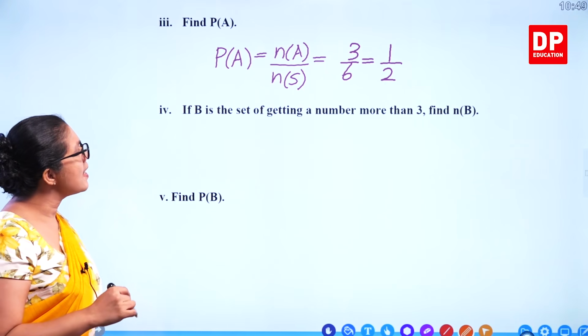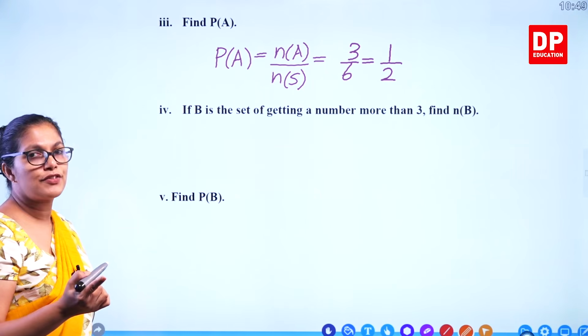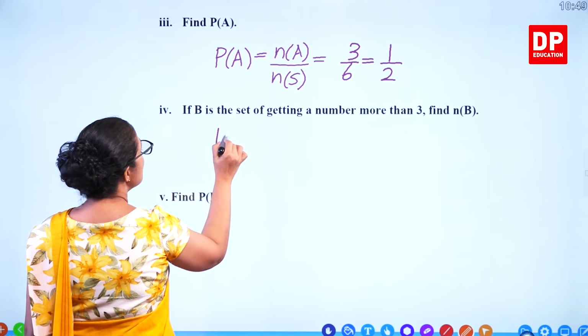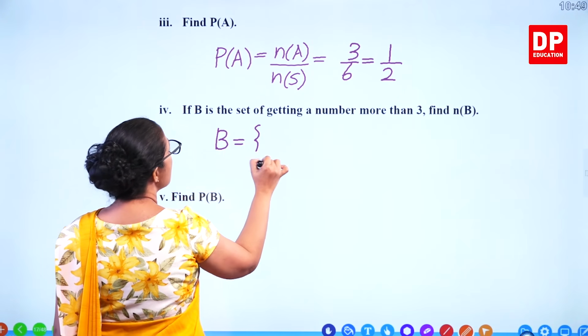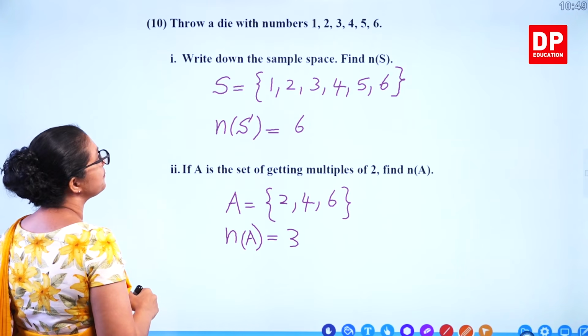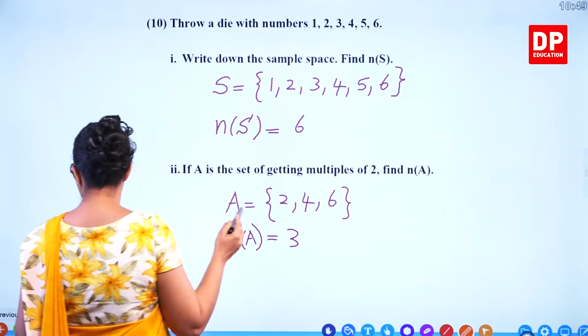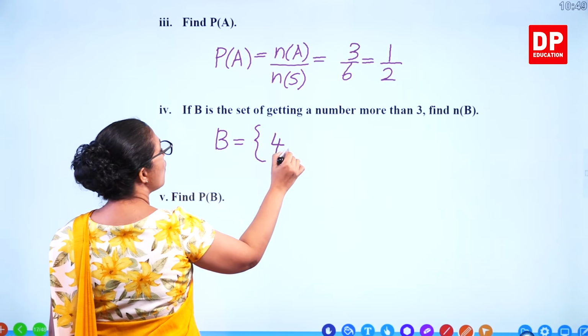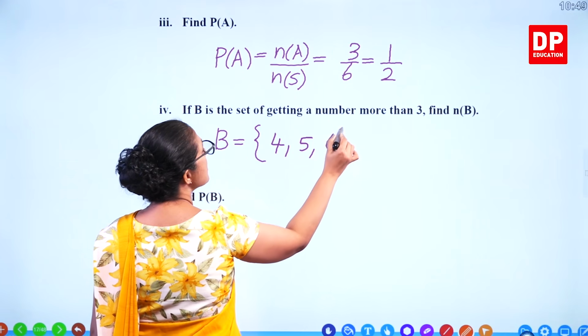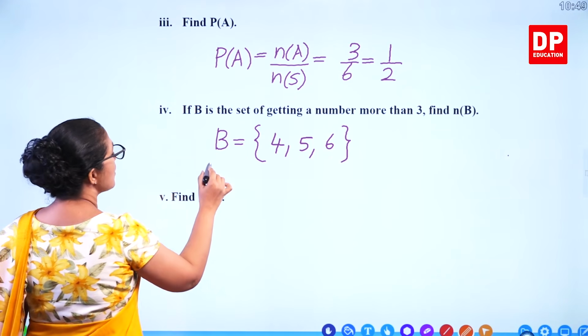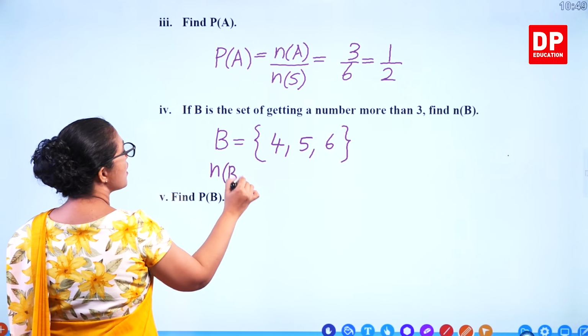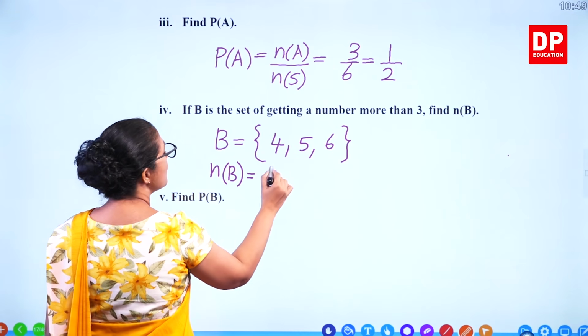If B is the set of getting a number more than 3, another event B, getting a number more than 3. So 3 is not included, so 4, 5, 6. So it can be 4, 5 or 6. And what's in B? Number of outcomes in B, 1, 2, 3.